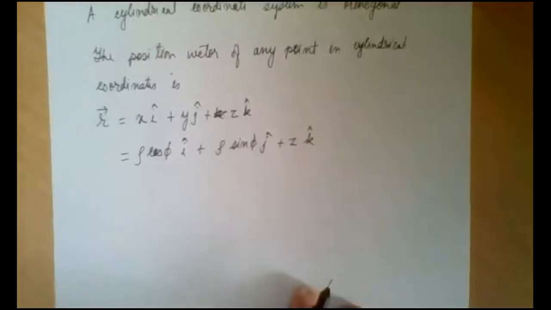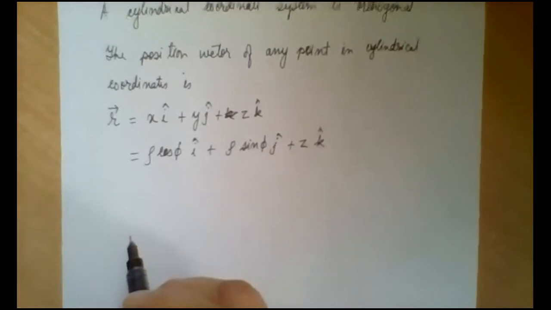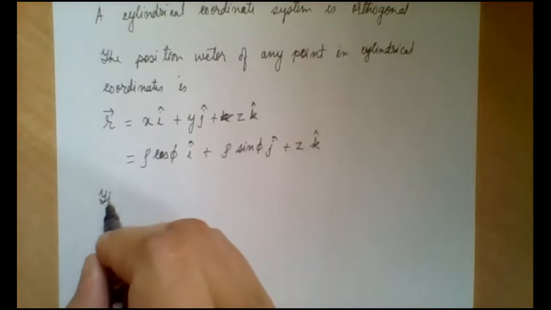Then to find the unit vectors, what do we do? First, we find the tangent vectors to the three curves. What are the three curves? Tangent vector to the rho curve, tangent vector to the phi curve, and tangent vector to the z curve.